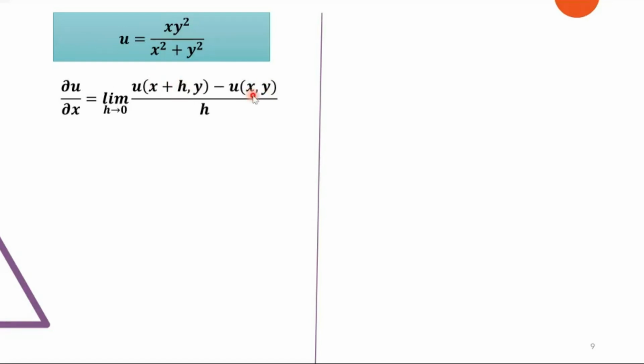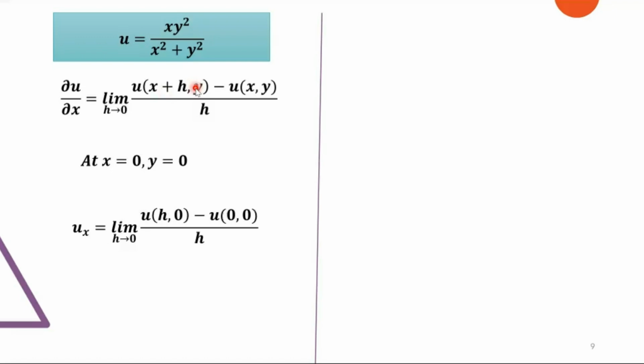Okay, now where do we have to find the CR equations? At z equal to 0, which means we have to find them at x equal to 0, y equal to 0. So when x is 0, y equal to 0, what will happen to this limit? This will become u of 0 plus h, that is h.